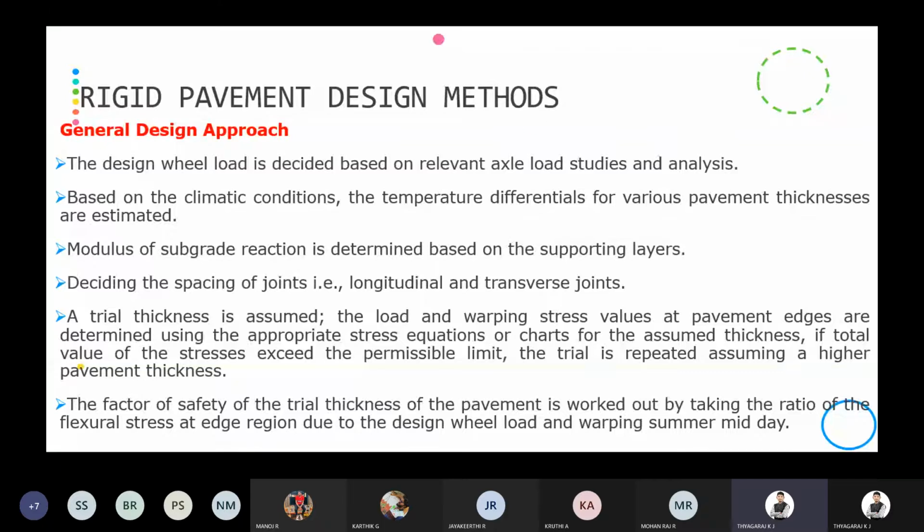For your syllabus, the design is based on the IRC 58-2002 method, and one more method is the design of rigid pavement using Westergaard stresses. So these are the two methods we will be using for designing the rigid pavement.